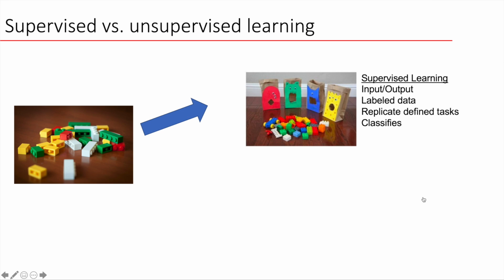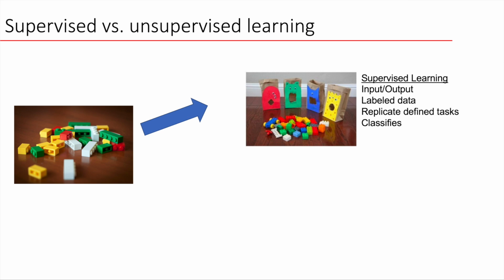You have a particular input, so you have these Lego pieces. They're colored, of course, so we can call them labeled. And the task that you give your small child is to try to align the colors of the Lego pieces with the particular colored paper bags that are congruent.